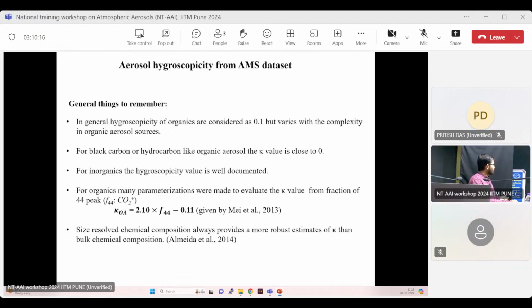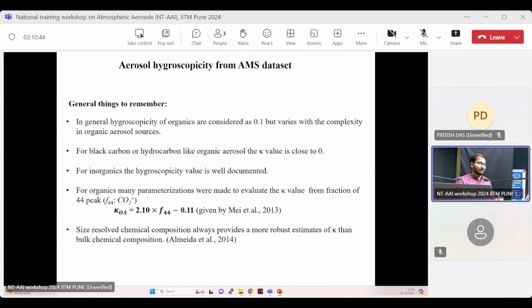Okay. For inorganics, hygroscopicities are well defined, so you can always get literature values of different inorganic compounds in the form of papers. And for organic aerosols, there are some derived ways to calculate kappa. One of the ways is estimating through fraction of 44. 44 is basically CO2 plus.